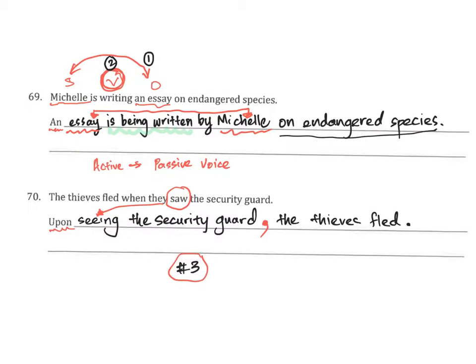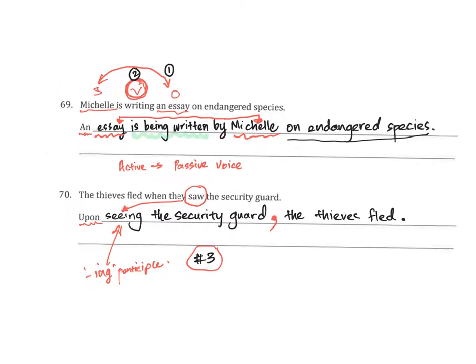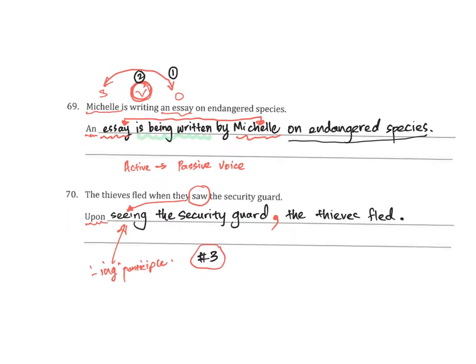So I'm going to go right ahead and write this is an ing participle. All right, so you guys will remember that this is an ing participle. All right, so that's how you do questions that have to do with upon and questions that have to do with active passive voice.